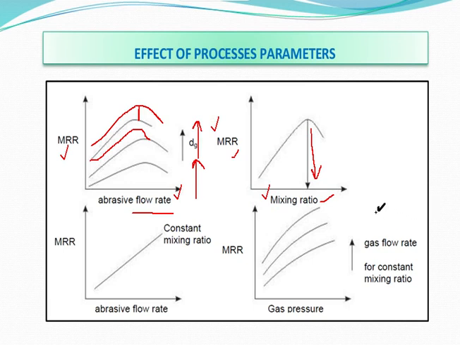Increased mass flow rate of abrasive will result in decrease of velocity of fluid and will thereby decrease the available energy for erosion and ultimately the MRR. It is convenient to explain this fact by the term mixing ratio. So if I go with the term mixing ratio, let me tell you, I denote it by the mixing ratio.